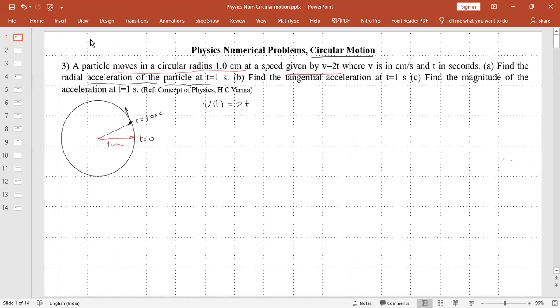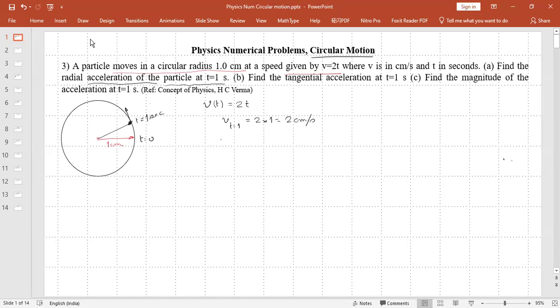Now, we have to first find out what is the velocity at time t equal to 1 second. So velocity at time t equal to 1 second is equal to 2 into 1, which is 2 centimeter per second. Very clear?